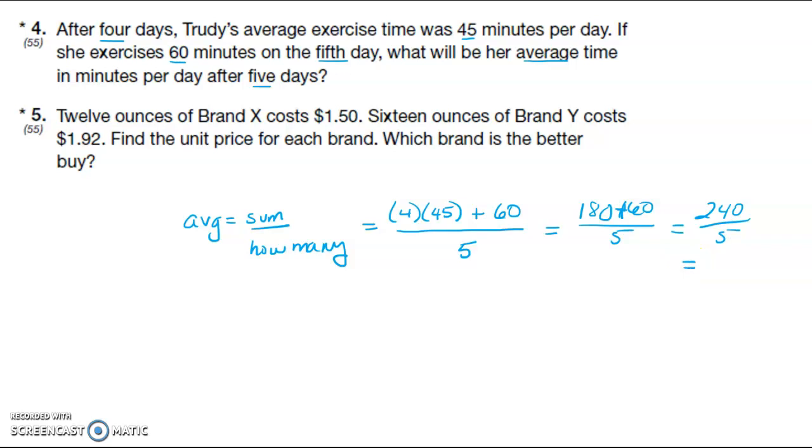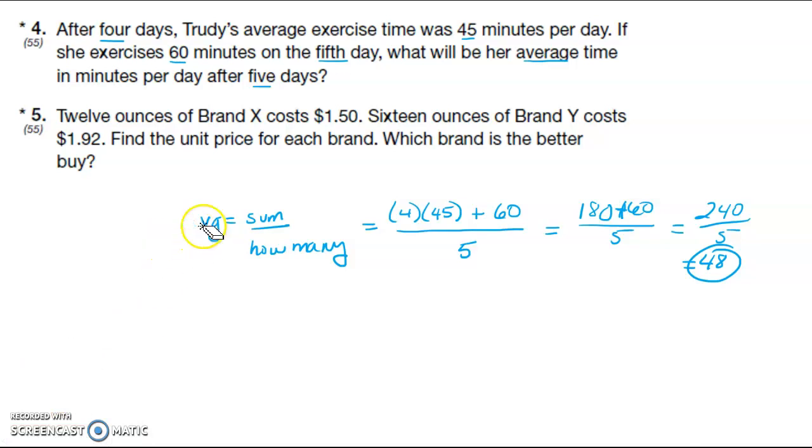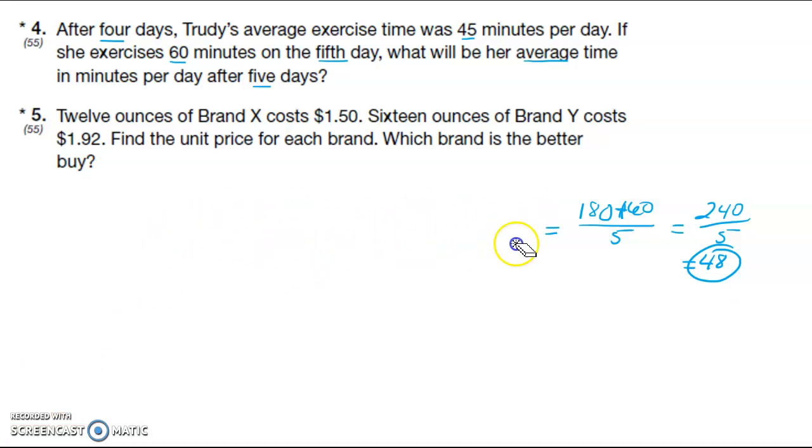So 240 divided by 5 is 48. There we go. So that would be her average over 5 days. Let me change colors. Actually, I'm going to erase this. You know, you can always pause or whatever, but I'm going to erase this so I can do 5.